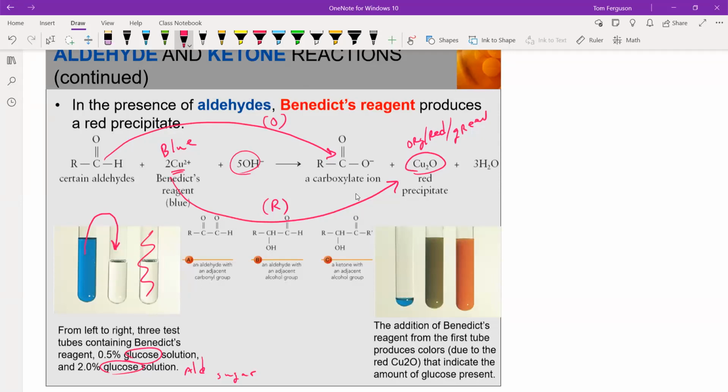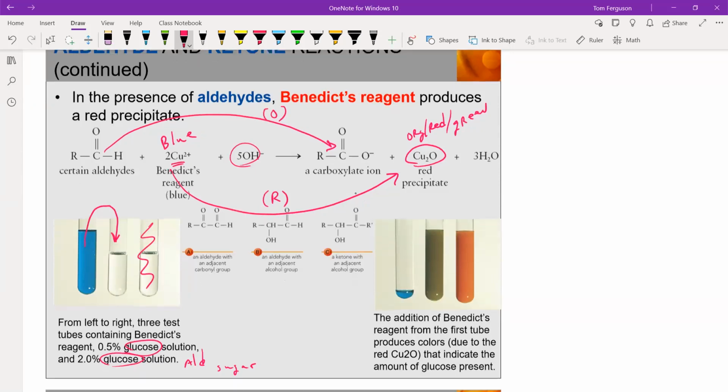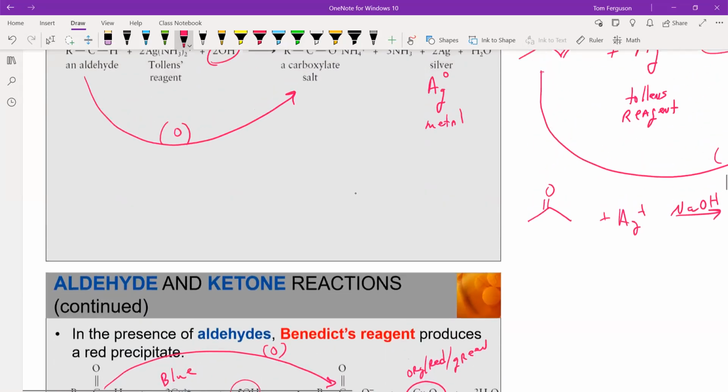And there are two other test reactions. These are the two you need to know though.